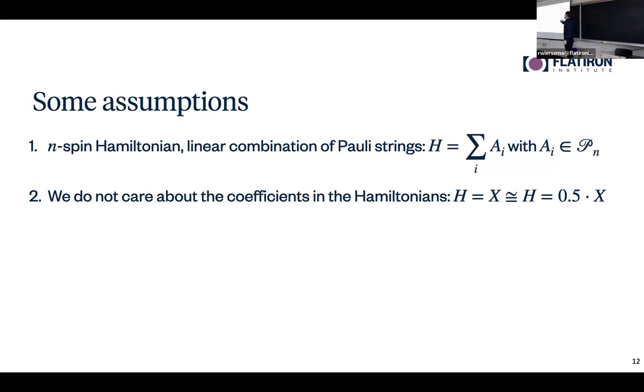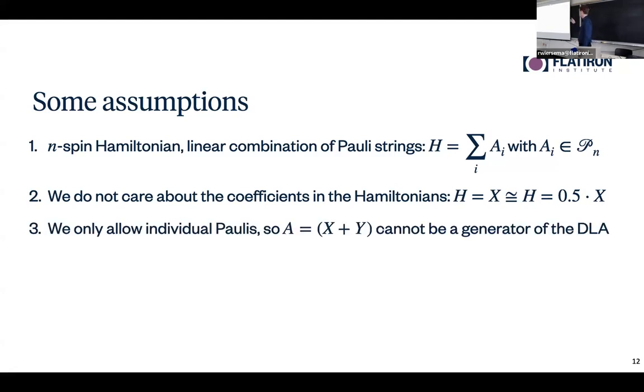So if we have a Hamiltonian that's just a Pauli X or 1/2 times X, we're going to see these as the same thing, which as a physicist might hurt you a little bit, because obviously the order parameters of your physical system greatly change the physics. But this is something we cannot really see on this Lie algebra level because we only care about commutation relationships between the operators, and not necessarily how strong one is versus the other. This would be a very interesting follow-up direction, but I really don't know how you would include that here.